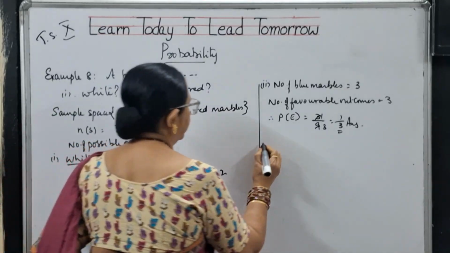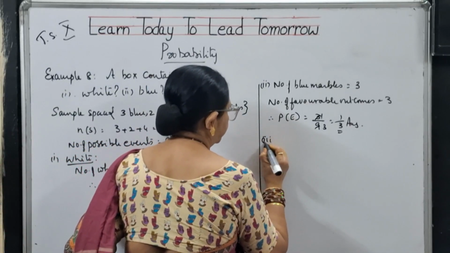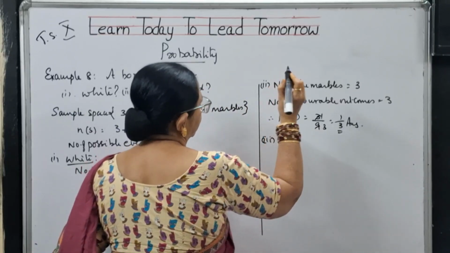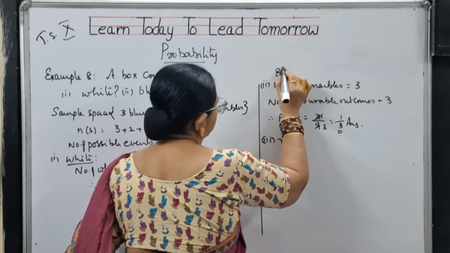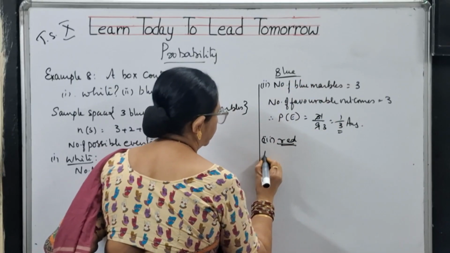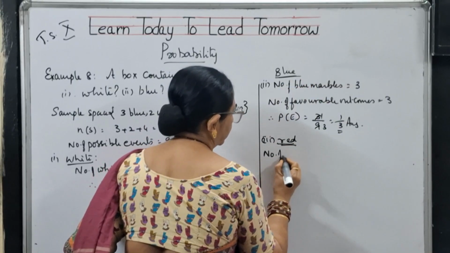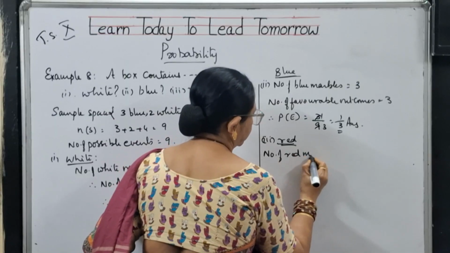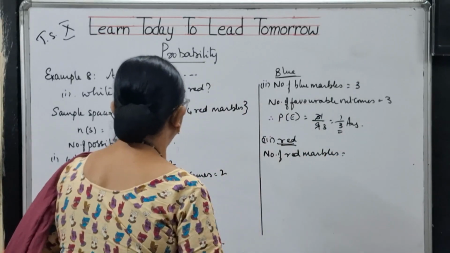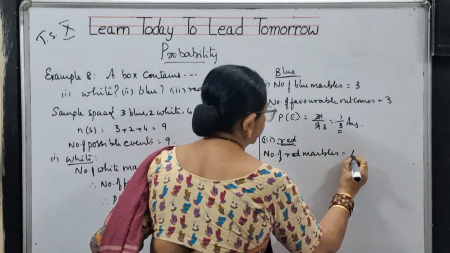Next, third one, you have red marbles. This is blue marbles, so I should give heading blue. This is red. Number of red marbles. How many are there? Number of red marbles, 4.